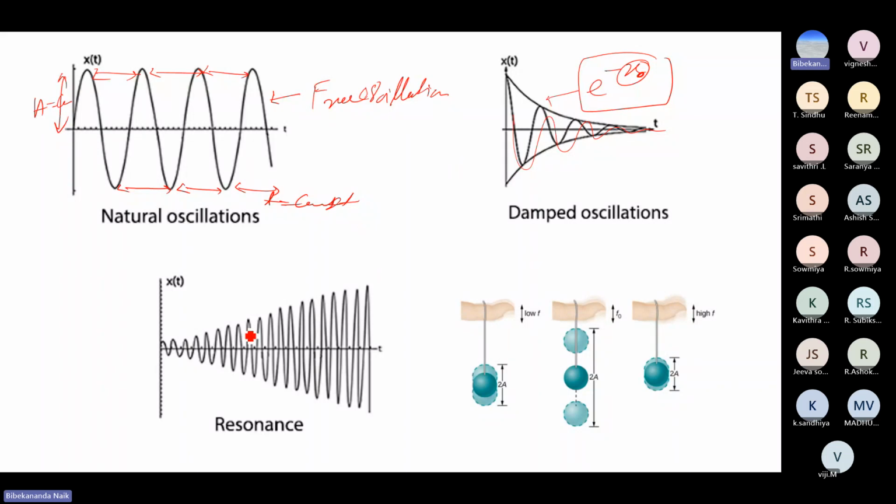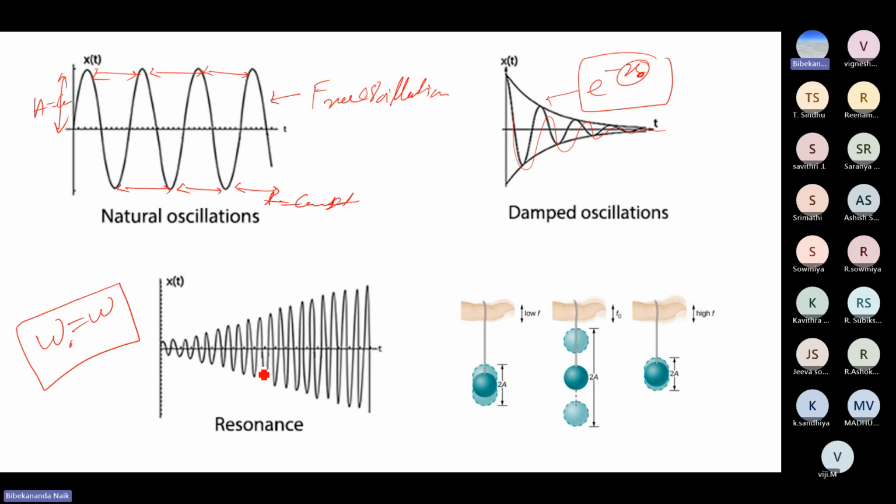And again, this is the resonance condition, when the frequency of oscillation omega 0 matches with the frequency of the periodic force which is being applied. Then at the end of each oscillation, when it reaches some particular point, if the force is applied, the amplitude of the system will go on increasing.